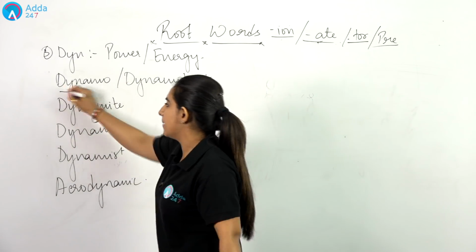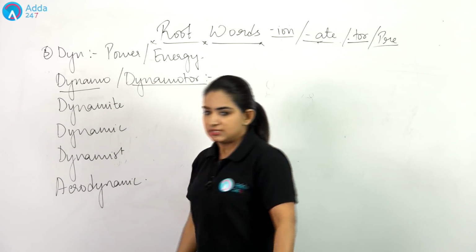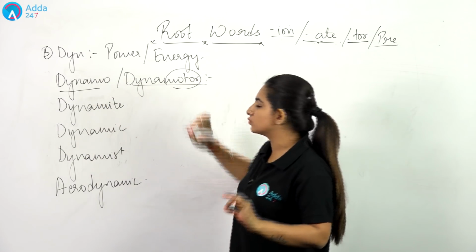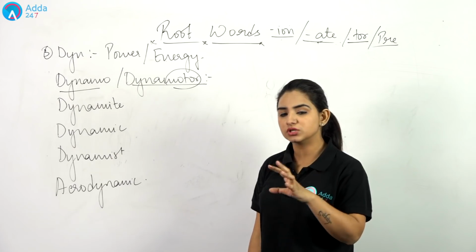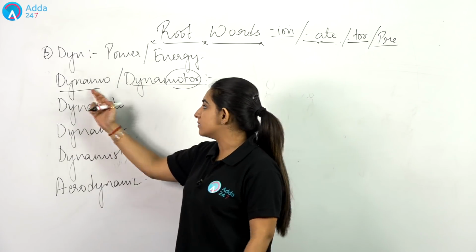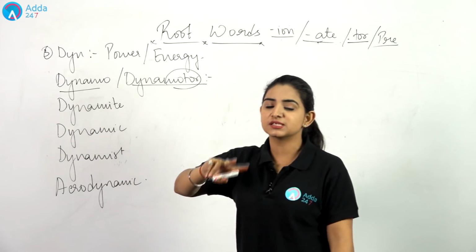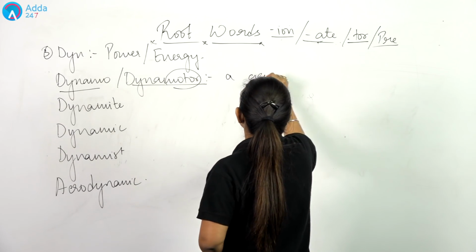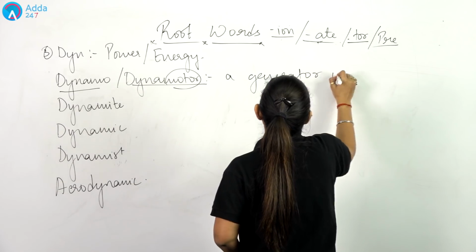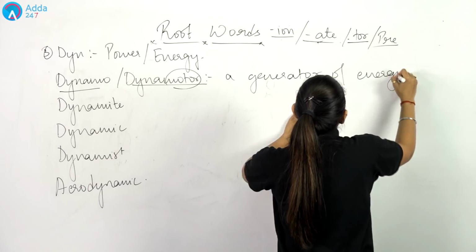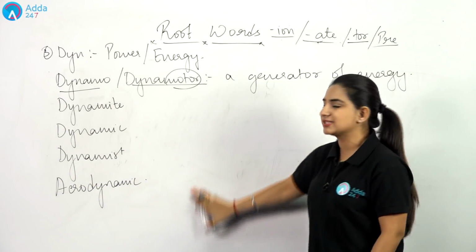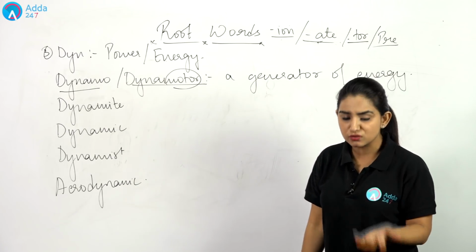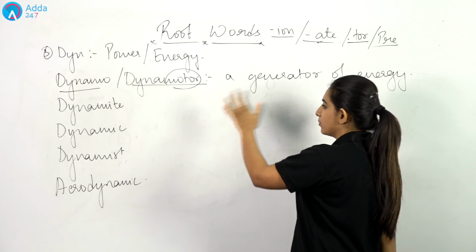When I say dynamo or dynamotor, see, when we have motor, this is related to a machine, right? Whenever we have motor, this is related to a machine. So dynamo and dynamotor mean the same. These are synonyms to each other. That means it means a generator of energy. Any machine or anything that generates energy, that generates power through it, that is what we mean by dynamo or dynamotor.